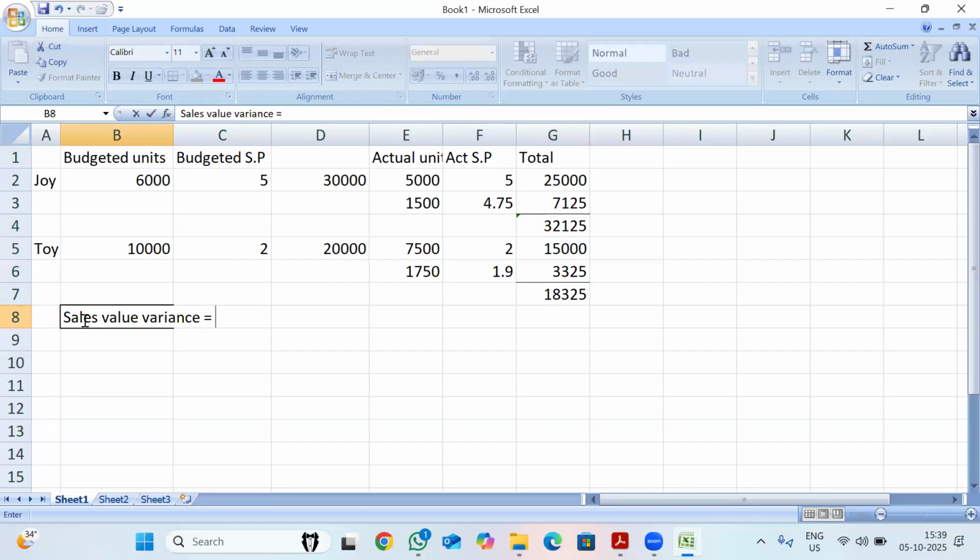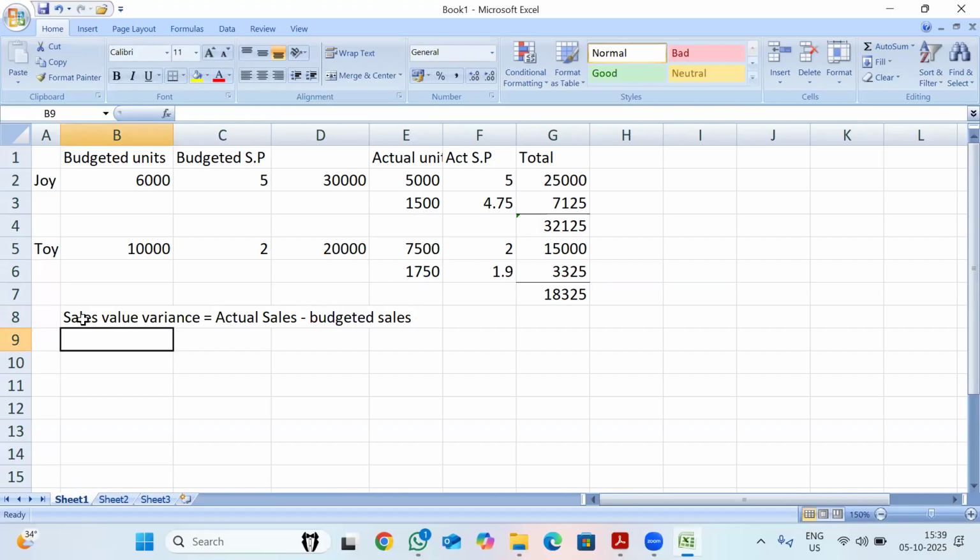So my formula should be actual sales minus budgeted sales. In case of cost variances, you have to put budget first, but in sales variance, you calculate actual sales first.